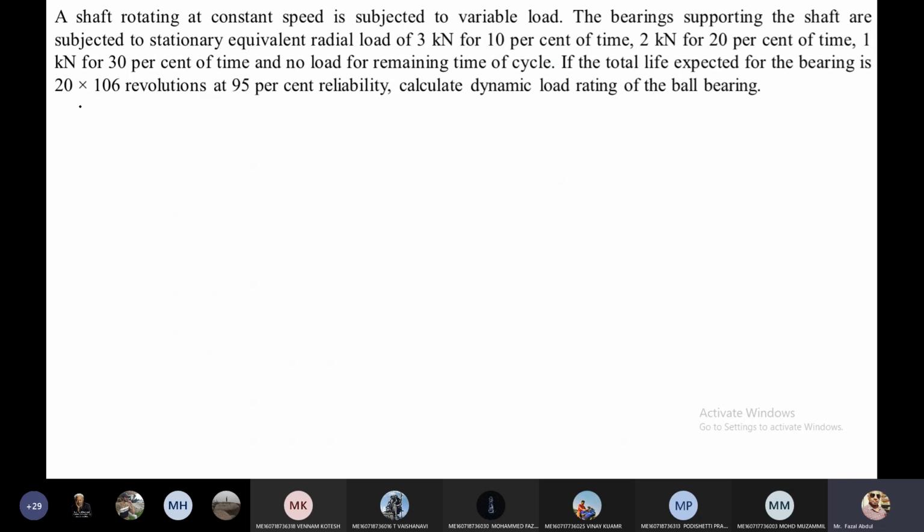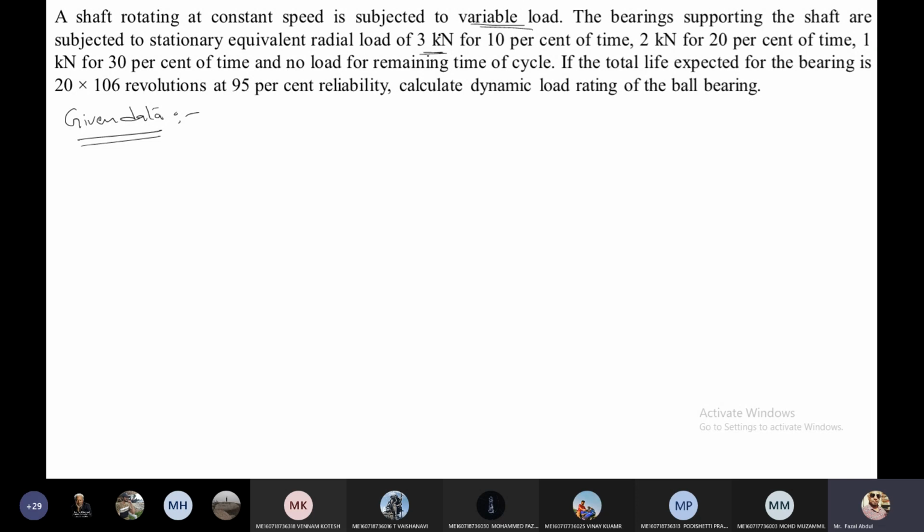Now see here some problems. A shaft is running at a constant speed, subjected to variable loads. Okay, variable loads the shaft is subjected to. The bearings supporting the shaft are subjected to stationary equivalent radial loads: 3 kilonewtons for 10% of the time, and 2 kilonewtons for 20% of the time.